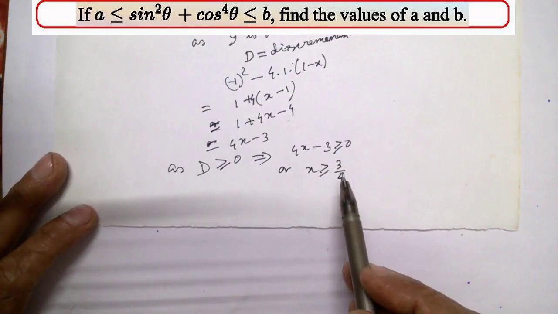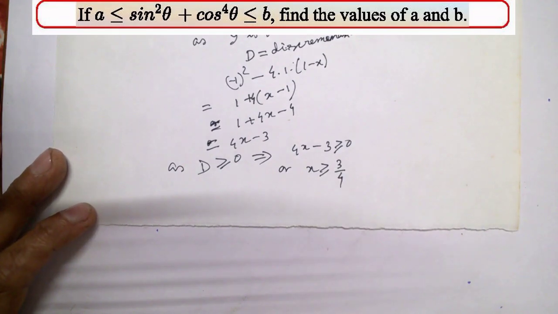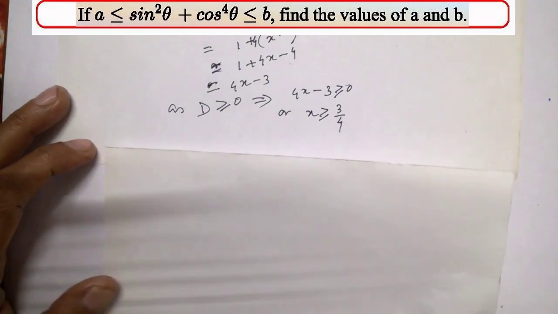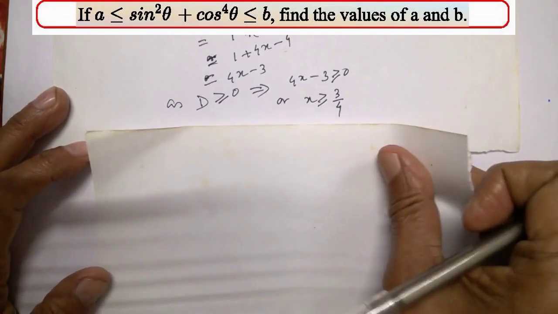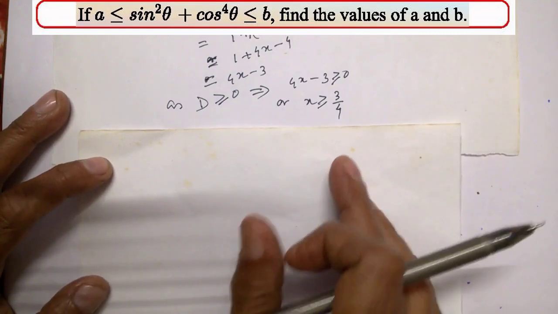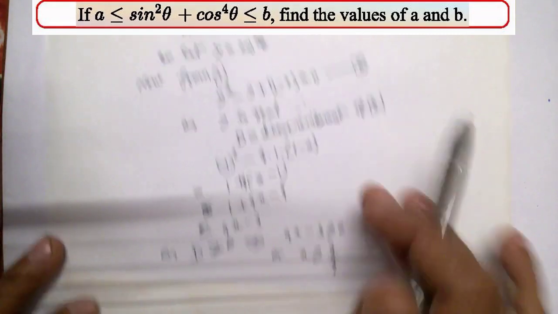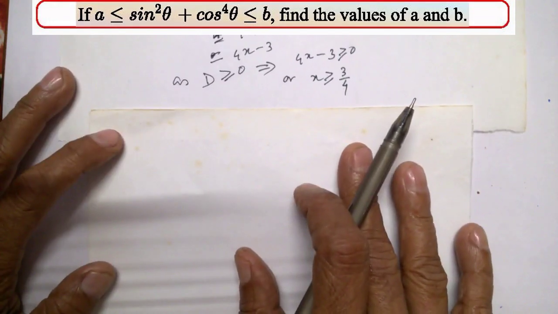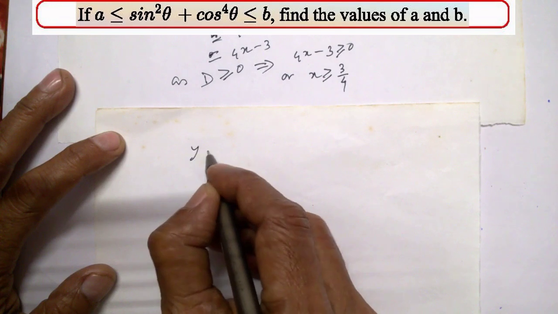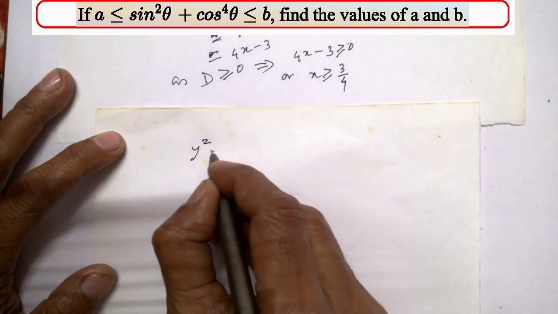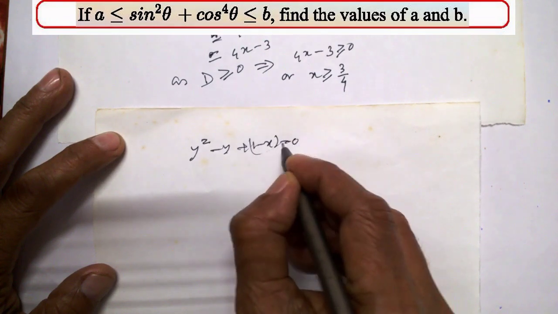Next, to get the maximum value of x, now see, solve equation 2 for y. Again writing y square minus y plus 1 minus x is equal to 0.